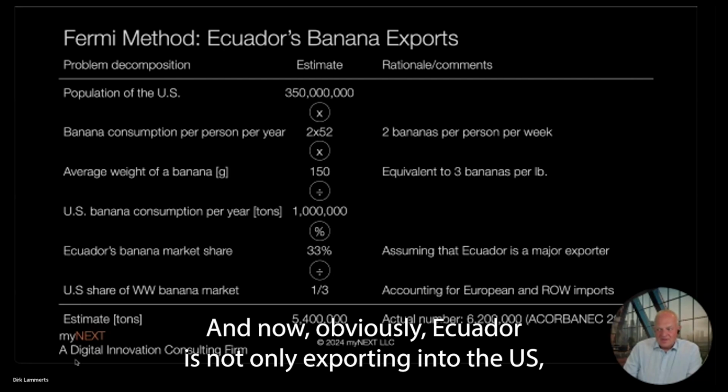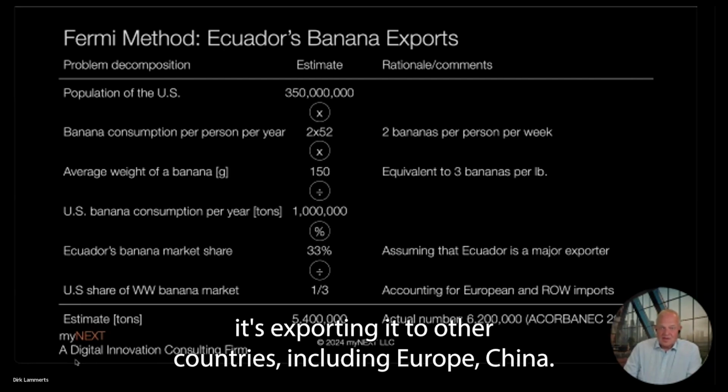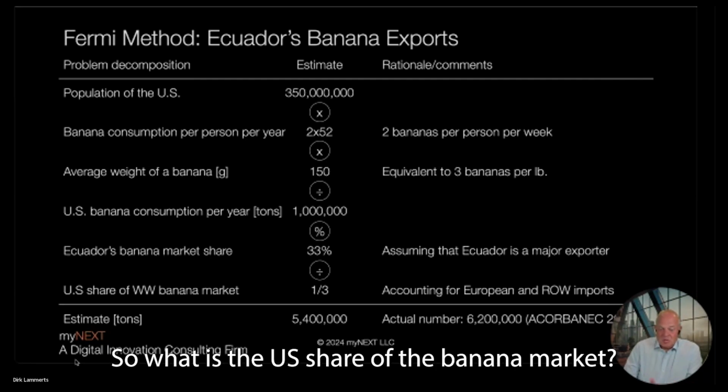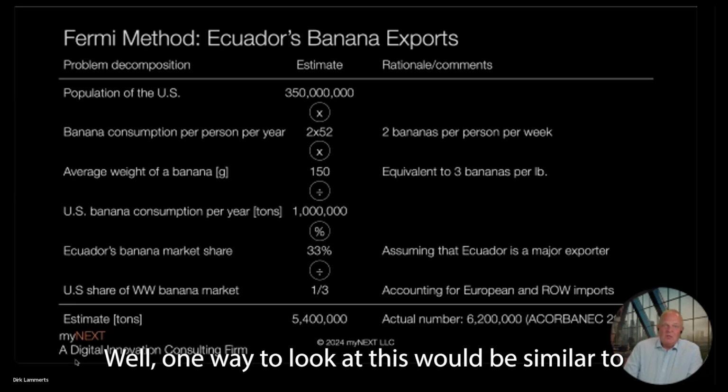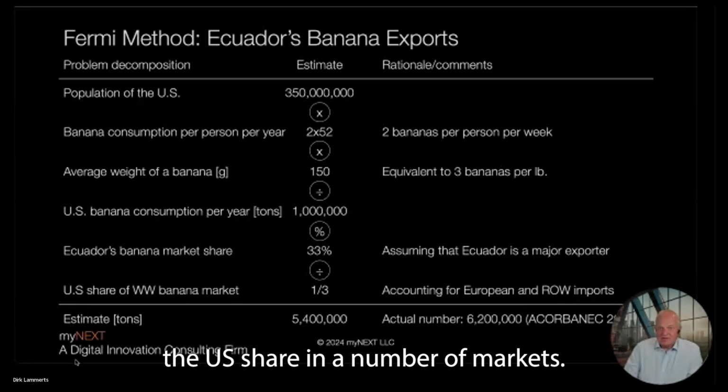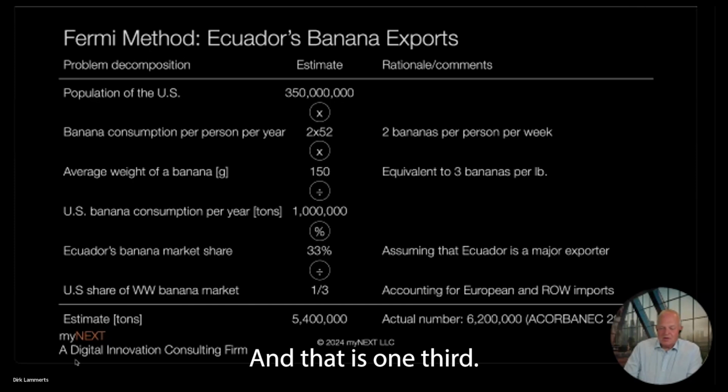And now, obviously, Ecuador is not only exporting into the US, it's exporting into other countries, including Europe, China. So what is the US share of the banana market? Well, one way to look at this would be similar to the US share in a number of markets, and that is 1/3.